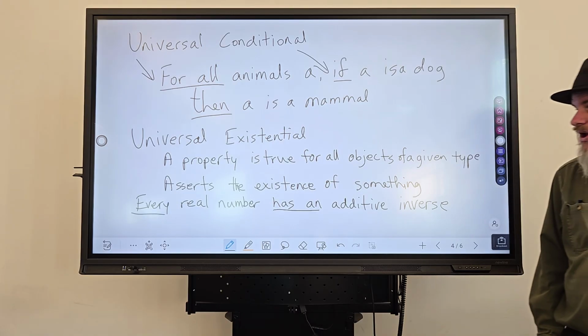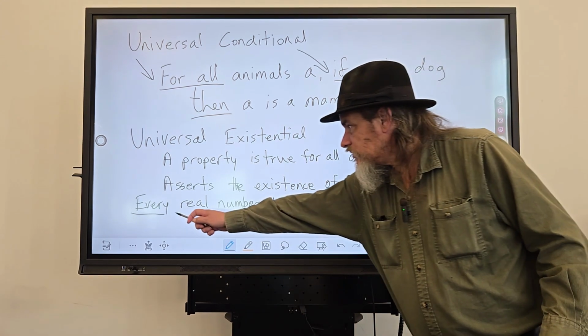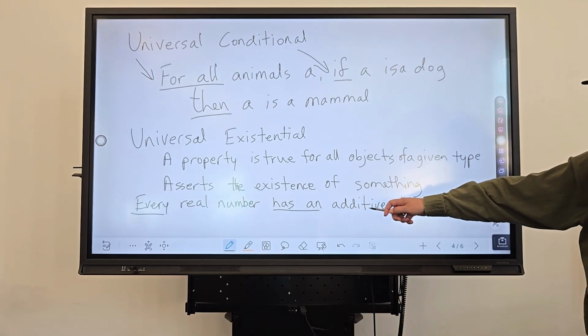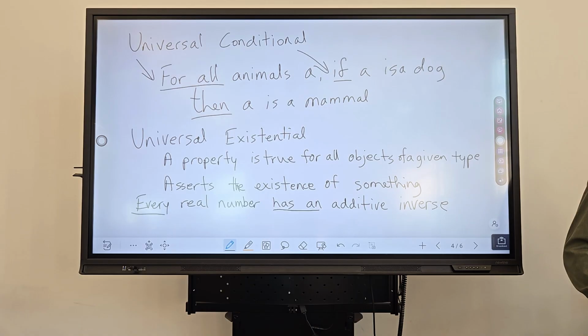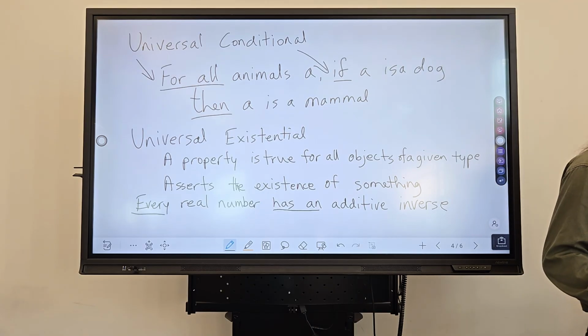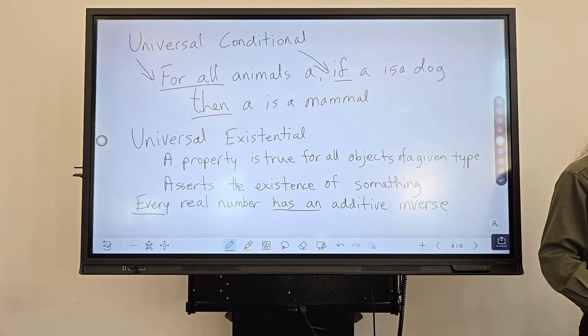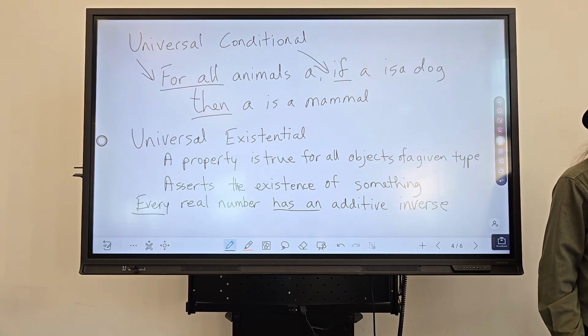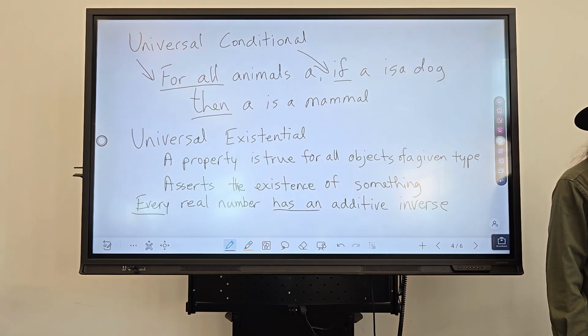So, yeah, it's a universal and existential. So how can you restate the statement, every pot has a lid, less formally? How could you restate that?